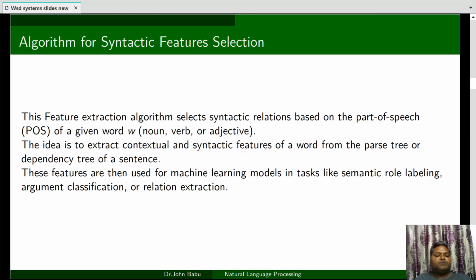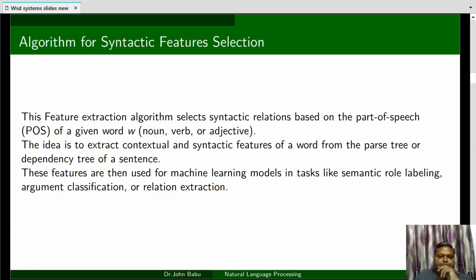And one more thing we have to discuss is that here we use two types of supervised word sense disambiguation classifiers. One is SVM, support vector machine. Another is the maximum entropy classifier.